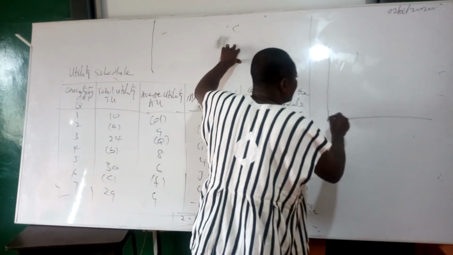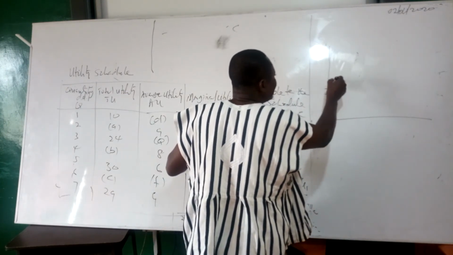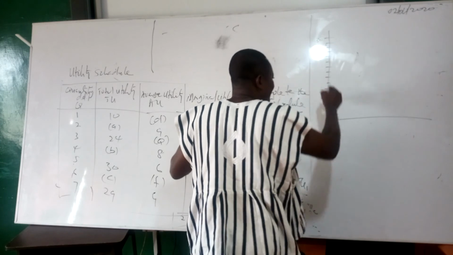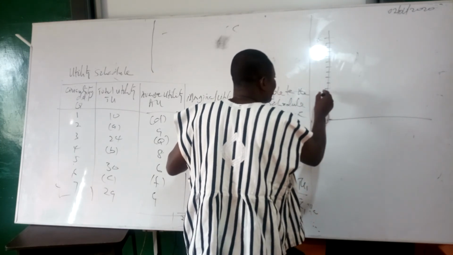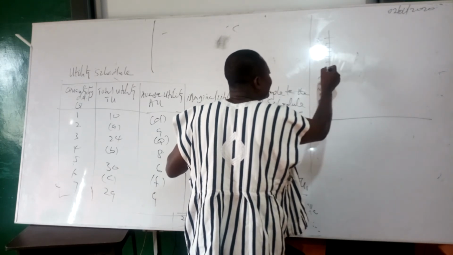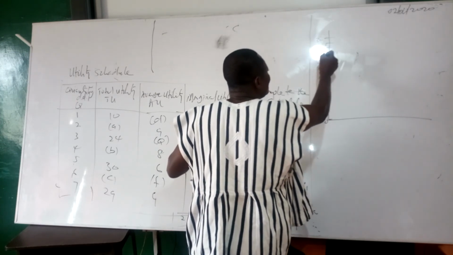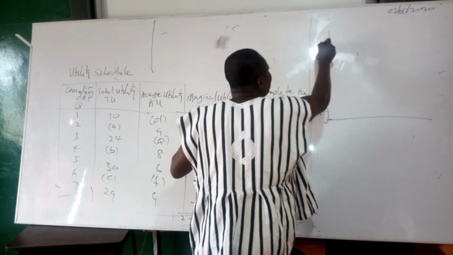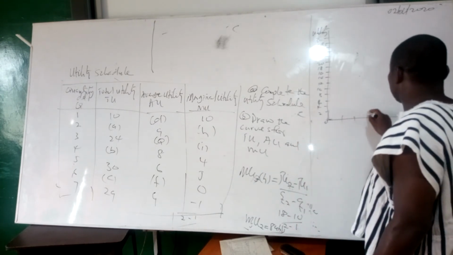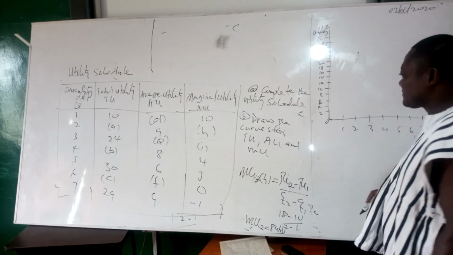So I choose 2. I label it from 0, 2, 4, 6, 8, 10, 12, 14, 16, 18, 20, 22, 24, 26, 28 up to 30. Here is the utility. Then the quantity we have 7: 1, 2, 3, 4, 5, 6, 7.